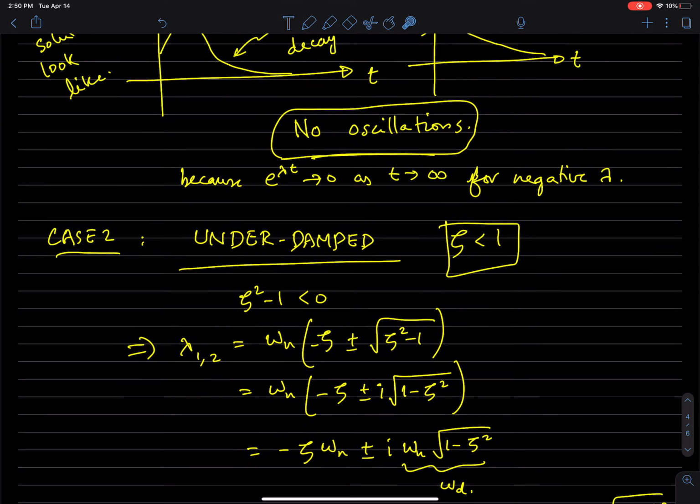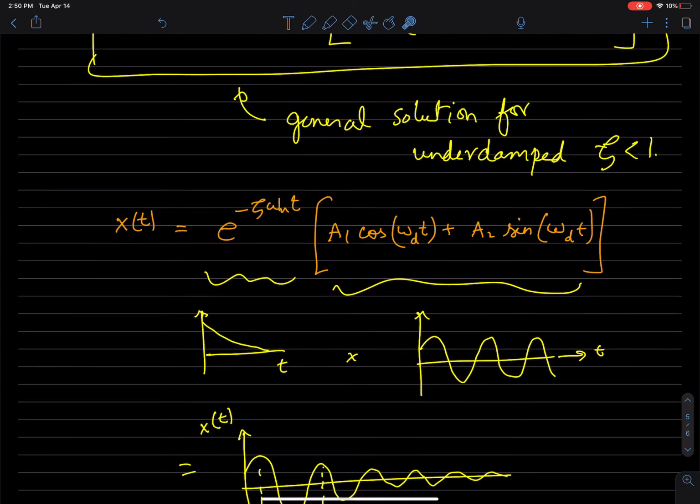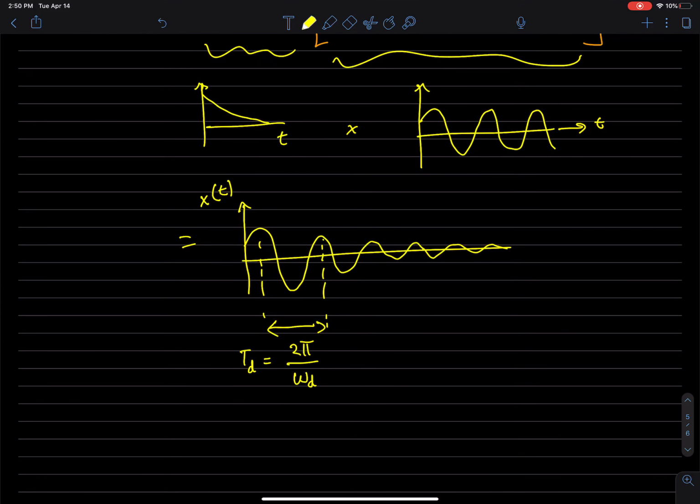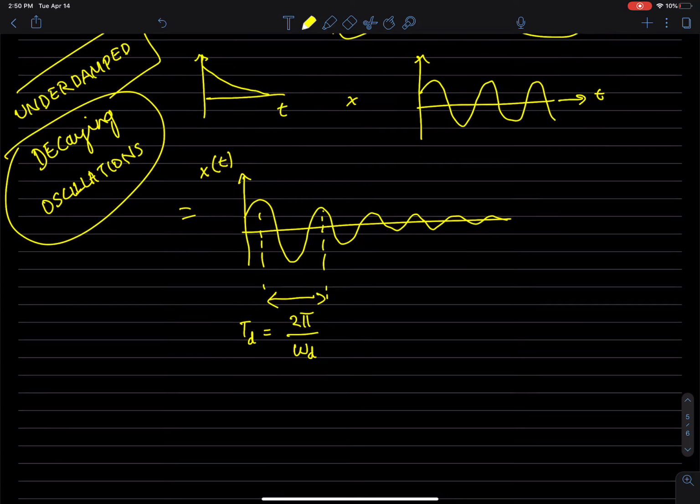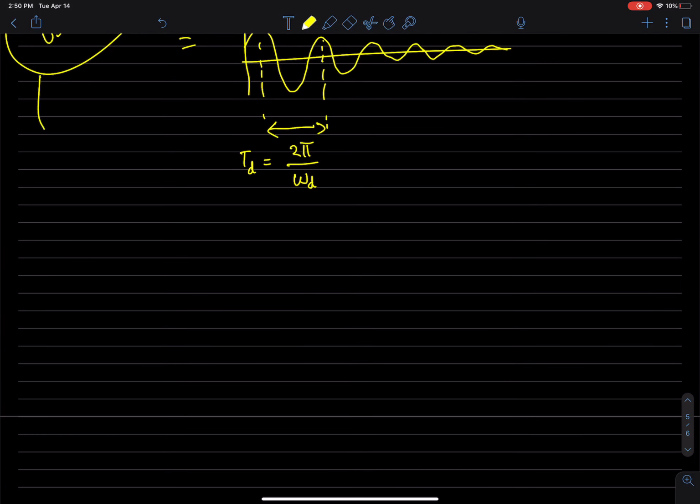Okay, overdamped, no oscillations. Underdamped, decaying oscillations. So that was zeta less than 1.